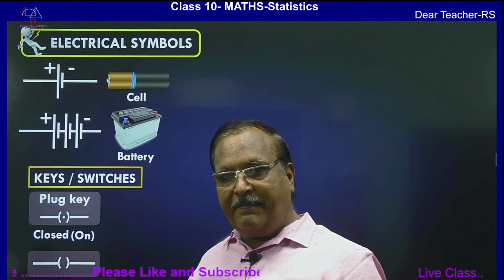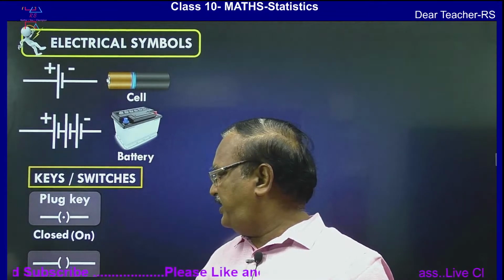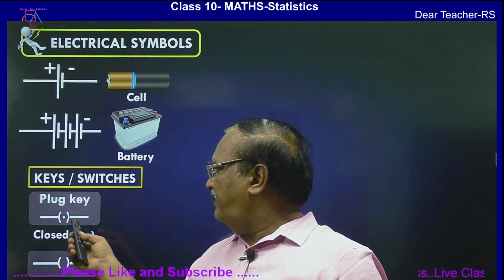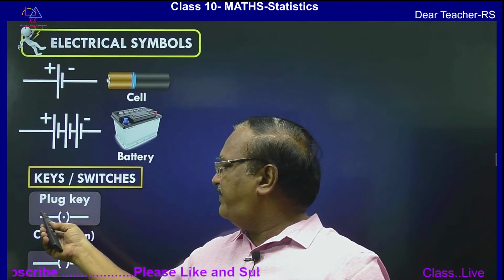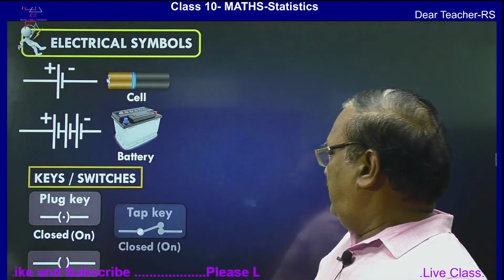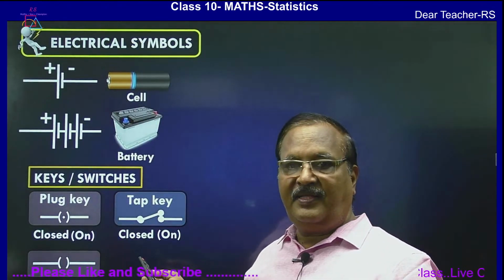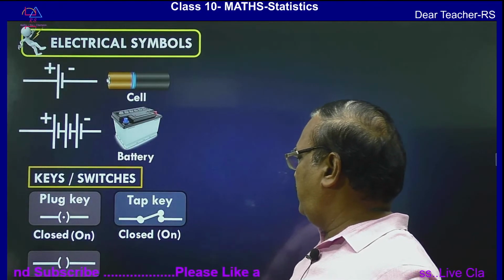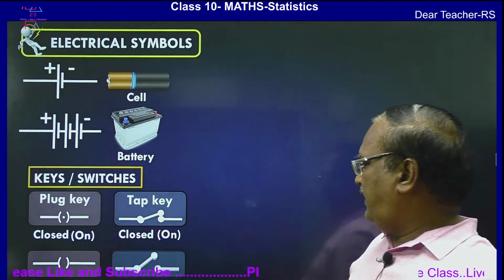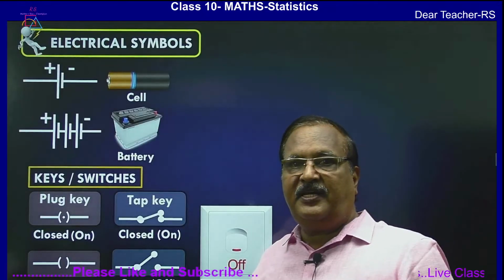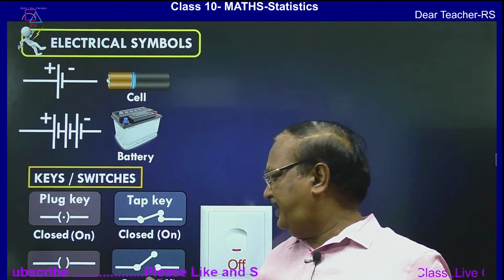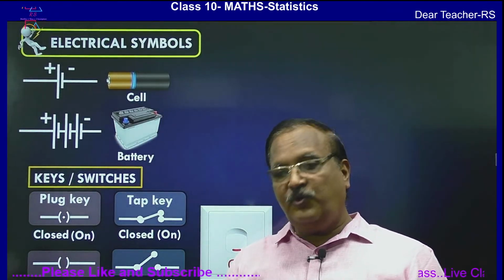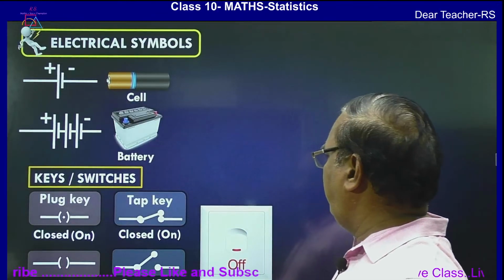If there is a gap, then it is off. The circuit is broken here if there is no contact between this end and this end, whereas with the dot, there is contact between this end and this end. So there is another way of drawing it. This one is closed and on, and this is open. Circuit open means circuit is broken at this point, so there is no flow of charge from here to here. So this is the key, the most essential symbol you have to learn.